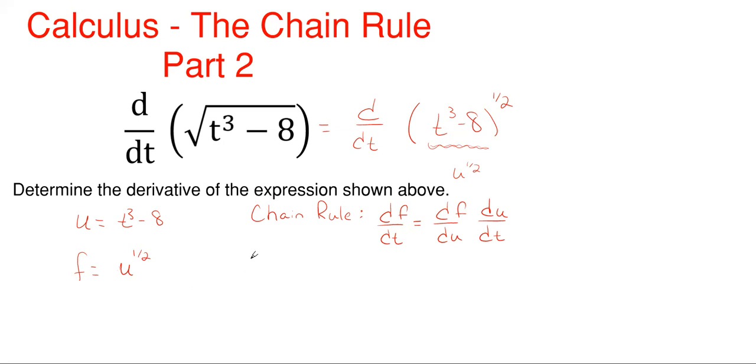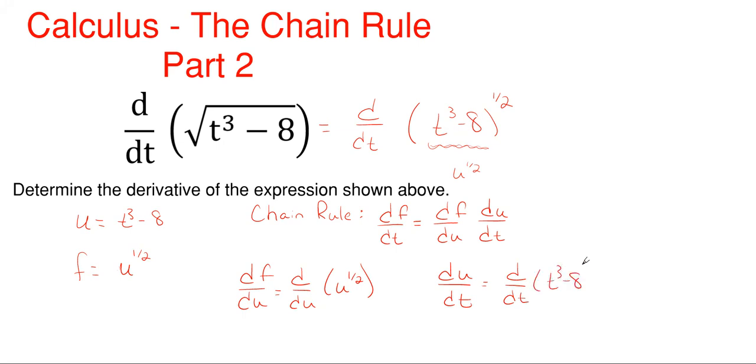So we would have df/du is equal to d/du of u to the 1/2 power. And d/dt is just d/dt of t cubed minus 8. So I'm going to take this and multiply it by this.